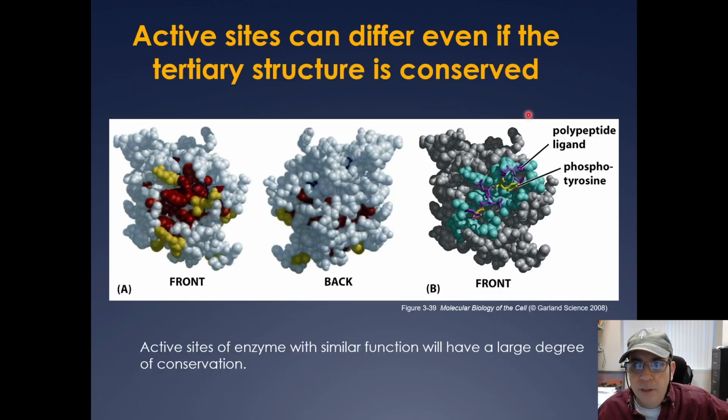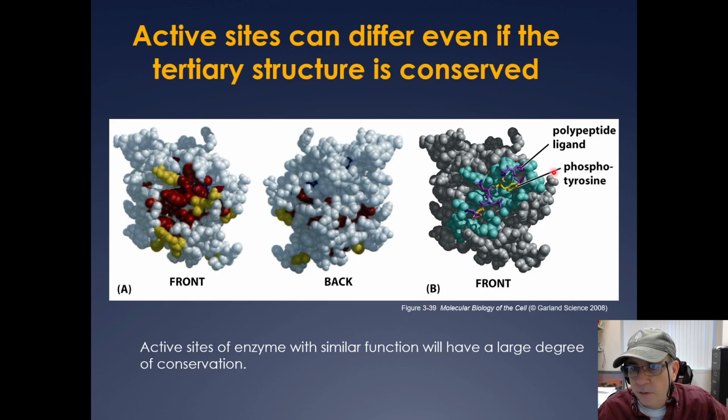Now, active sites can actually differ even if the tertiary structure of the protein is conserved, right? So you can have domains, and we saw this with elastase and chymotrypsin, where they had very similar folds, but different activities. In this case, what you have is the same tertiary structure, but the active site can be a little bit different, okay?